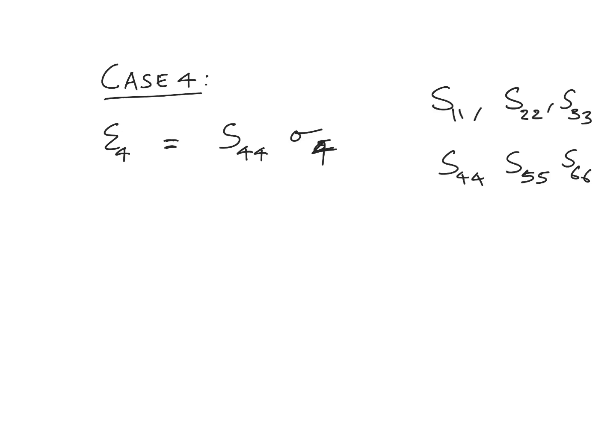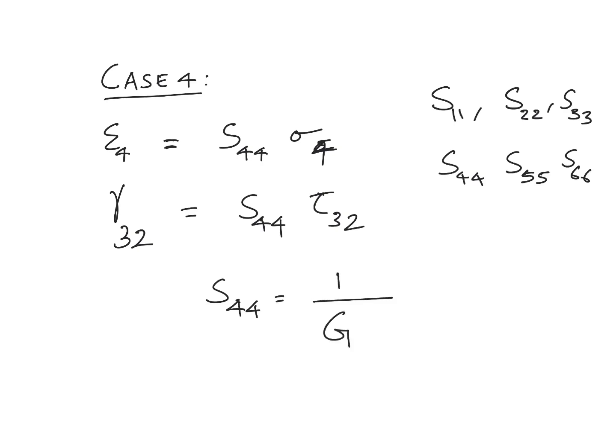In this case, let's assume you apply sigma 4, then your epsilon 4 will be related to S44 like this. The key takeaway is that your epsilon 4 is your gamma 32, and sigma 4 will be your tau 32. So S44 is the inverse of the shear modulus in the plane 32.